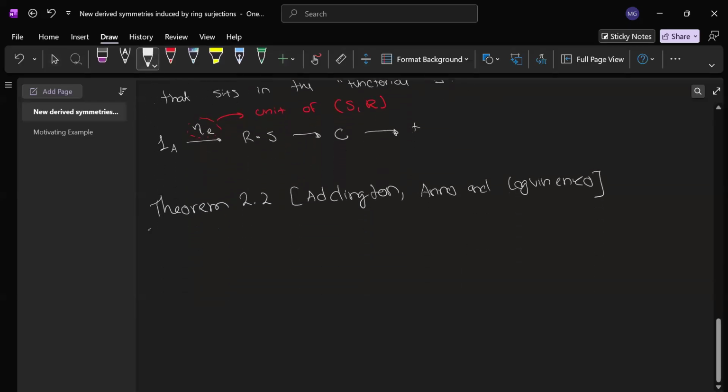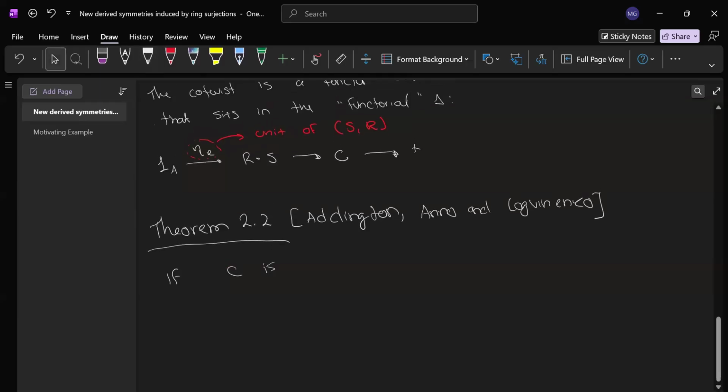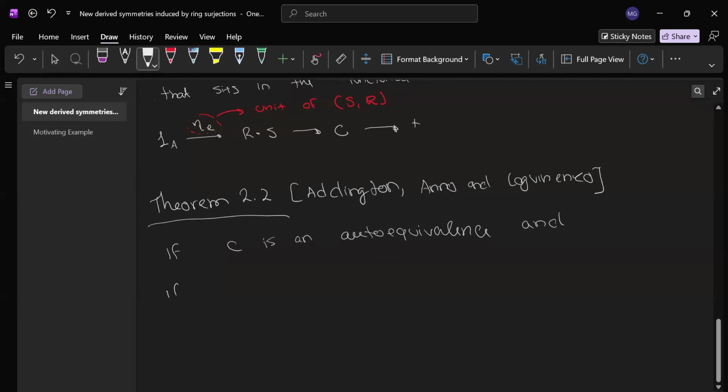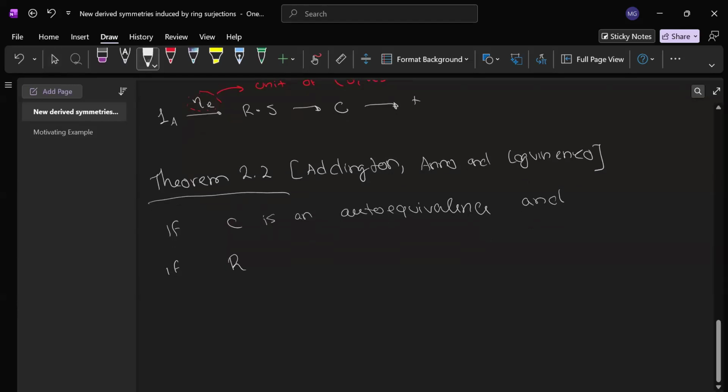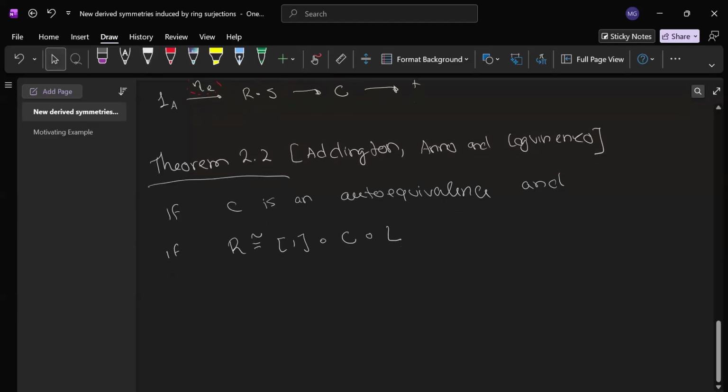Which states that if the cotwist is an autoequivalence, and if we know that the right and left adjoints are related by C, so what I mean by this is that I want the right adjoint to be functorially isomorphic to a shift of the composition of the cotwist with the left adjoint, if these two conditions hold, then the twist is an equivalence.